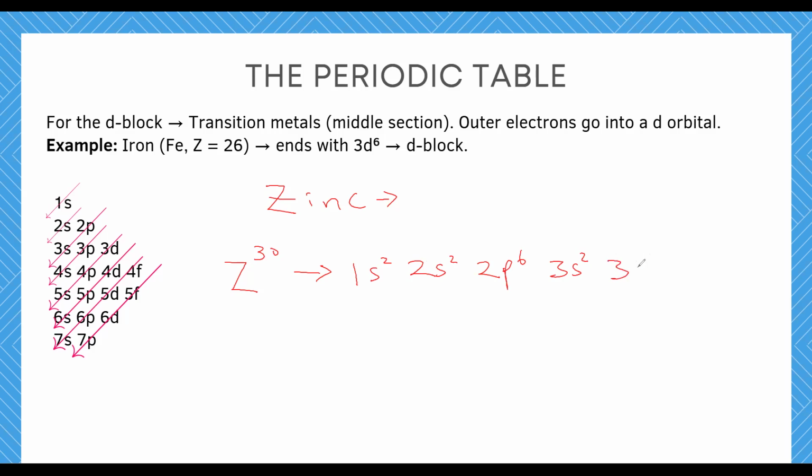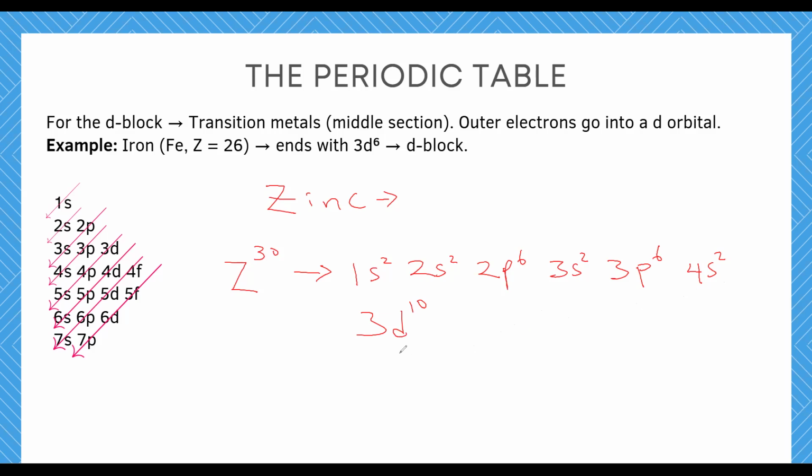Good. 4s2. Good. How many do we have now? We have 20. How many are remaining? 10. Good. So what's the next thing to write? 3d10. Good. Are we moving any further or are we done?